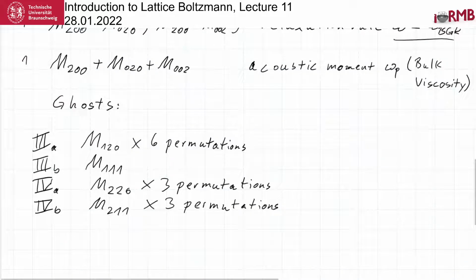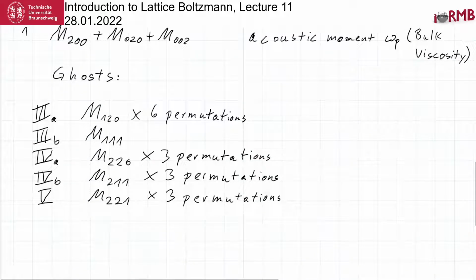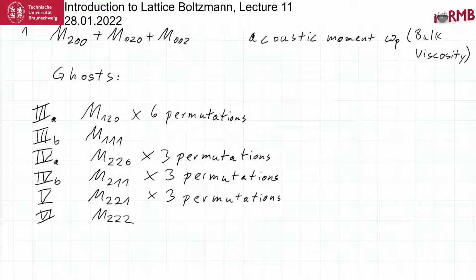And then we have the fifth order moment, which looks like M221, and this again has 3 permutations. And then we have one more missing, that is the sixth order moment. This is M222, and this has only 1 permutation.